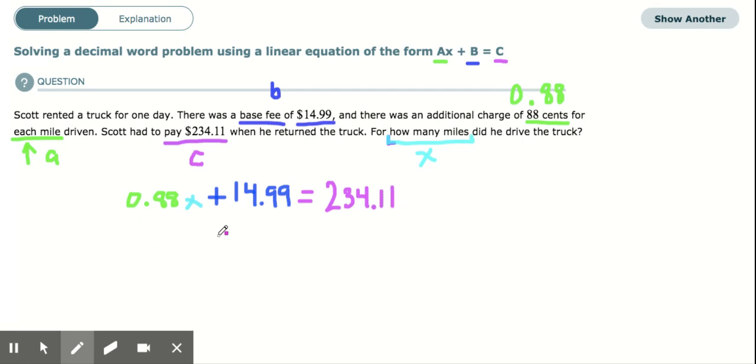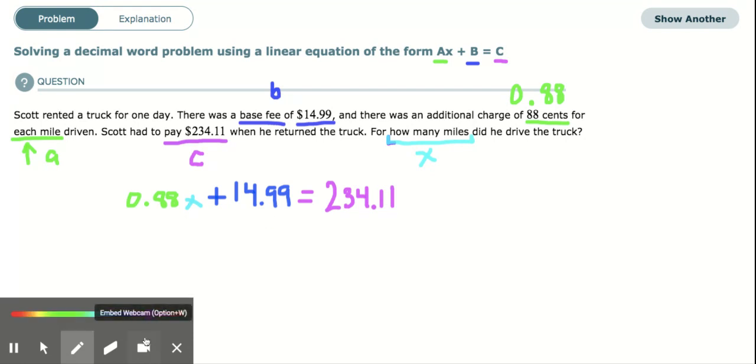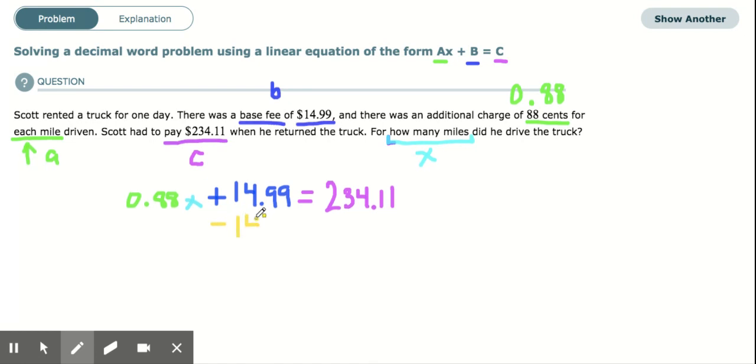All right, so let's go ahead and solve for x. This is just a two-step equation with decimals. So the first thing that we would do to both sides is subtract $14.99. Which will give you, let's see, this take away 15 would be a 19, right?